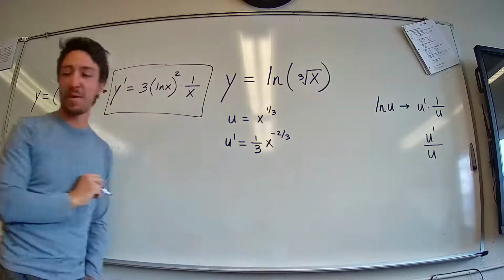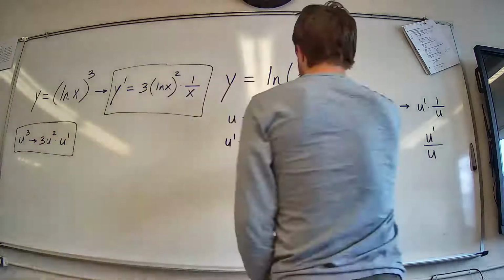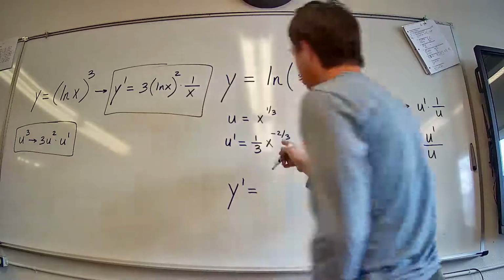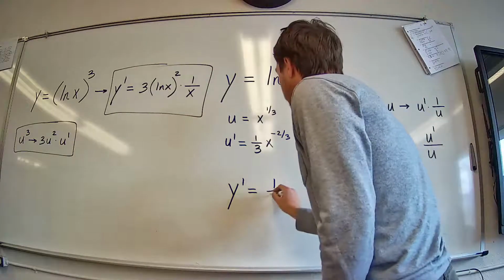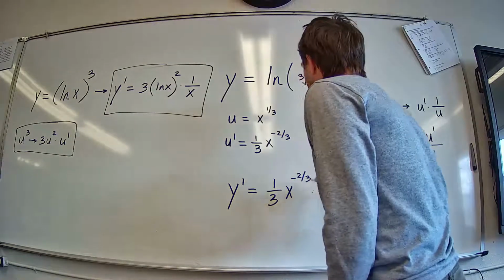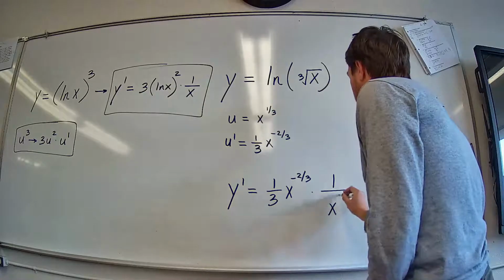Yay! Subtract 1 from the exponent. Okay, so that means that my derivative would be u prime times 1/u.